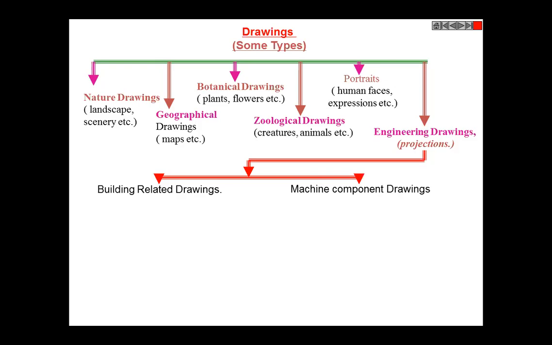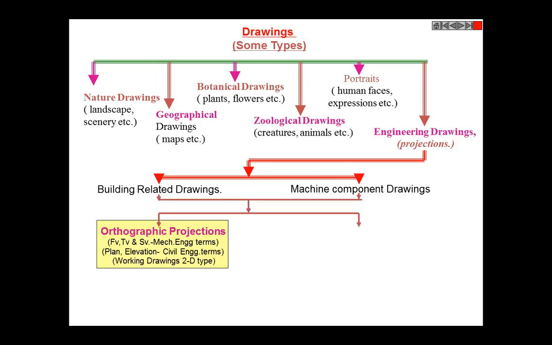And mechanical component drawing is also useful. Now both of these will have orthographic projection that includes front view, top view, side view in mechanical engineering terms. And in the same way we have plan. The top view is called plan in civil engineering terms and front view is called elevation. You may note it down, civil people: front view is called elevation and top view is called plan in civil engineering terms.